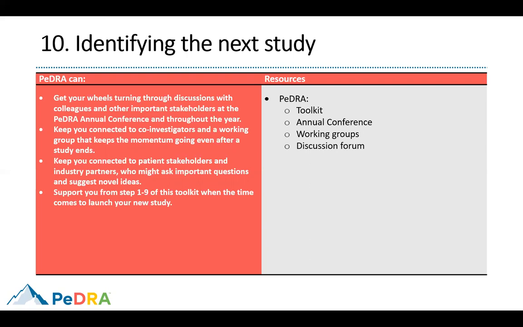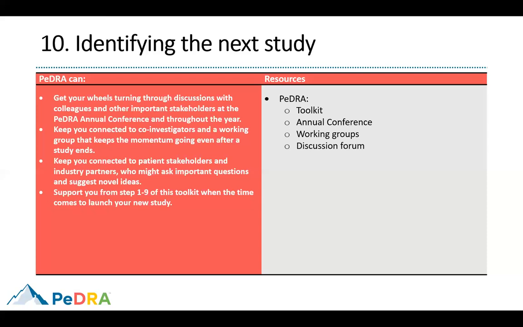So keeping the conversation going in that way will keep ideas live and vibrant and moving, and keep you in contact with collaborators, people who, whether you're working with them on a study or you're just bouncing ideas off them, will be there with you through PeDRA to help one idea transition into the next.